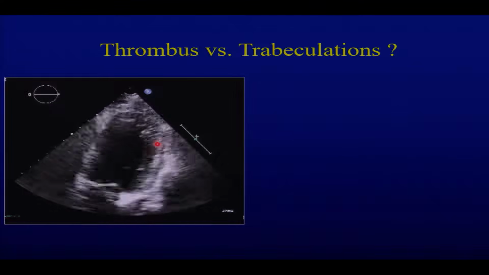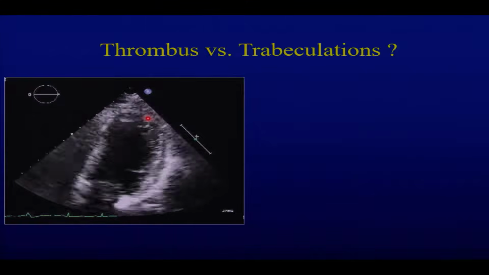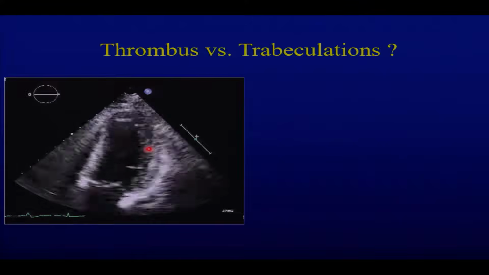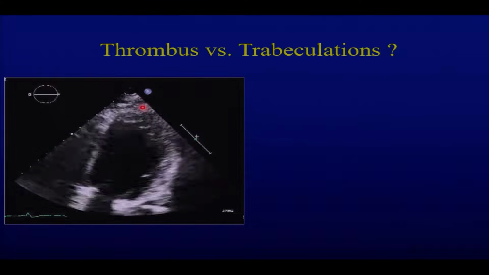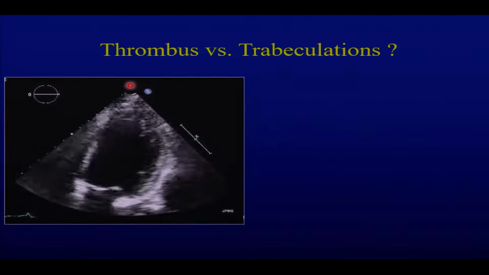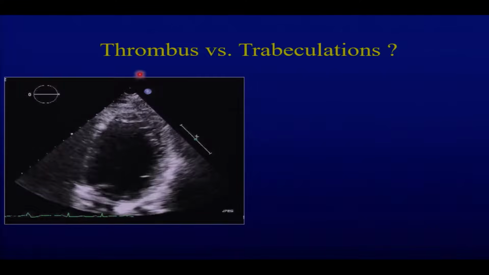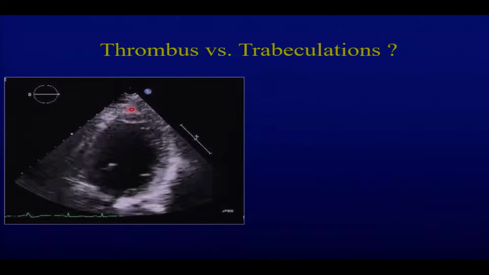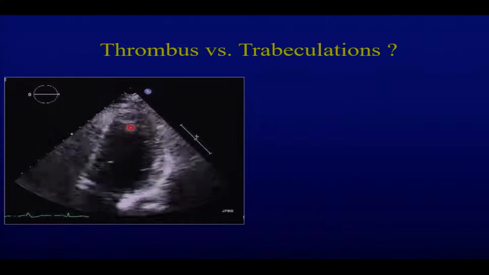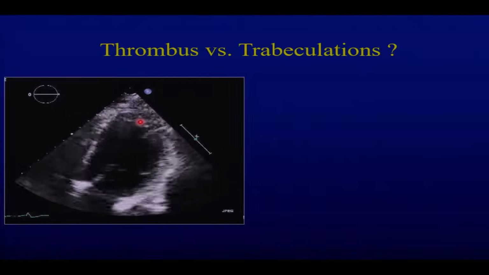The ventricle is heavily trabeculated, all the way. The question is, is this a thrombus, yes or no? Quite a bit of this is reverberation from the transducer. That's why you change transducers also. Because if you have something that reverberates back and forth, you get this. Harmonics usually takes care of that and improves it.